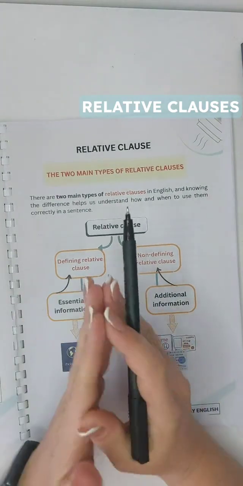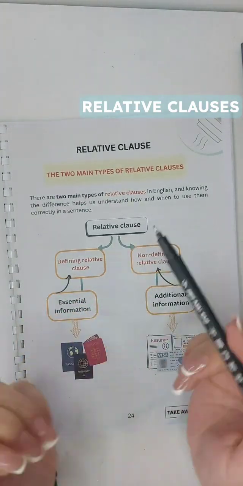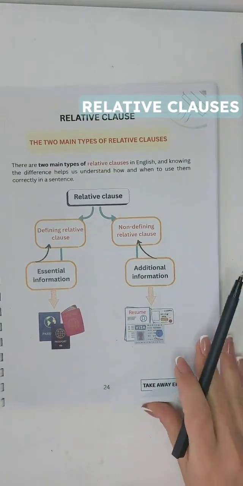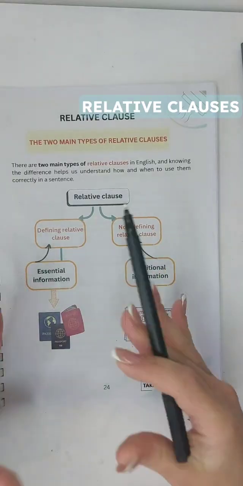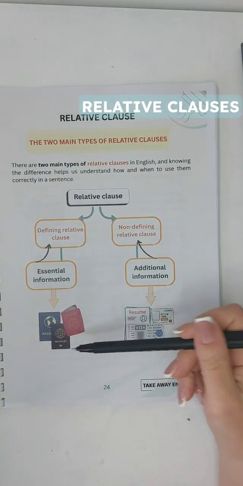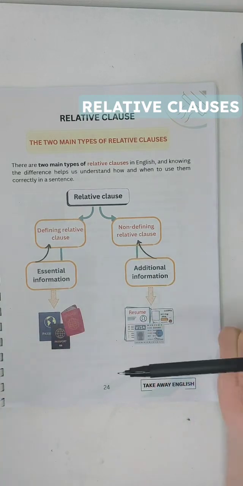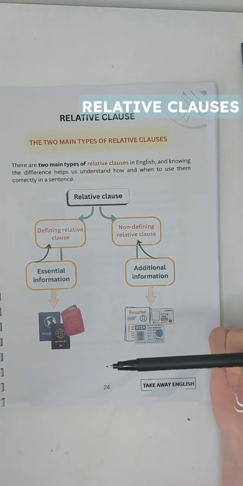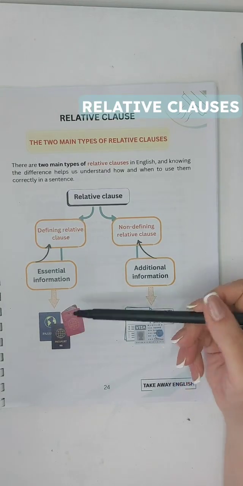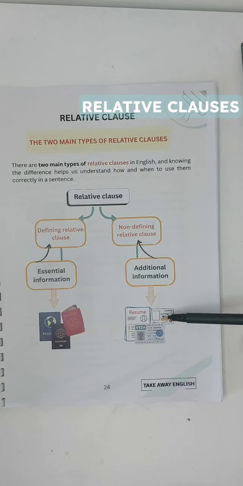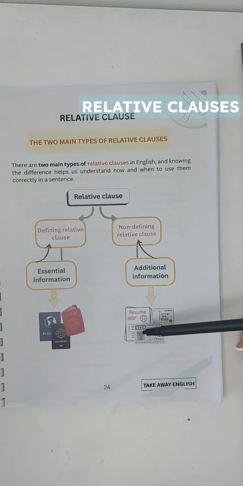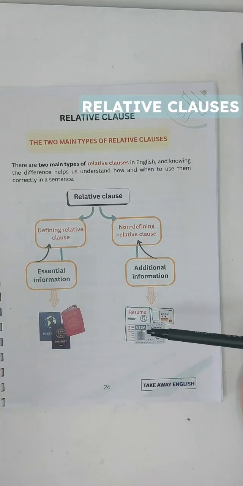Okay. So think of these two types of relative clauses like this. Imagine you are at the airport. Which of the following documents are essential? A passport, or a driving license, or maybe a bachelor's degree, or a resume, or a birth certificate.